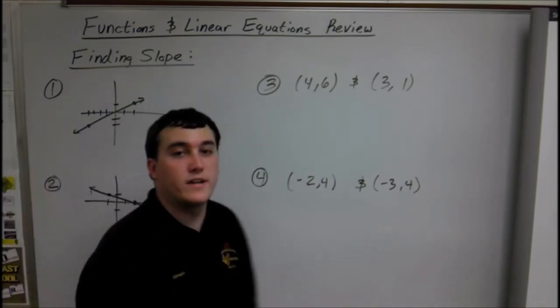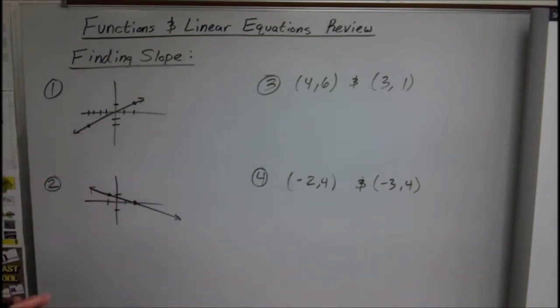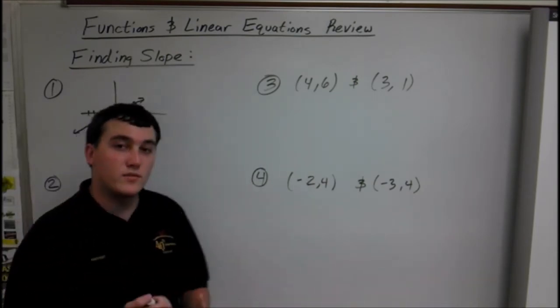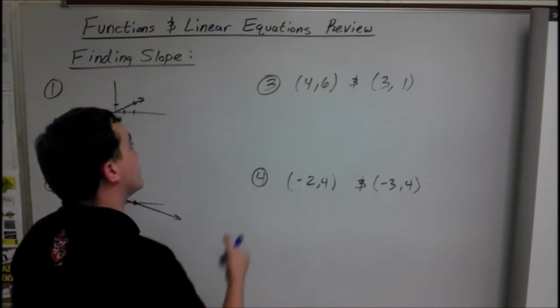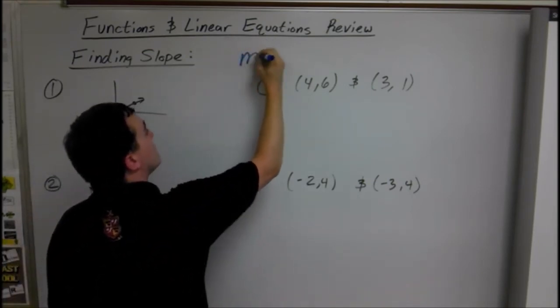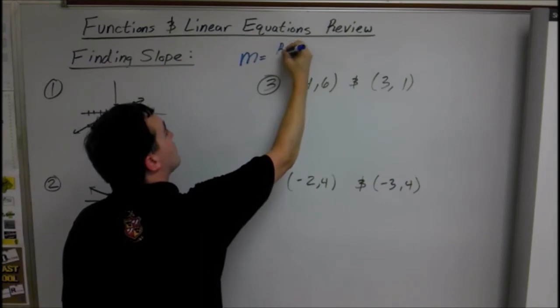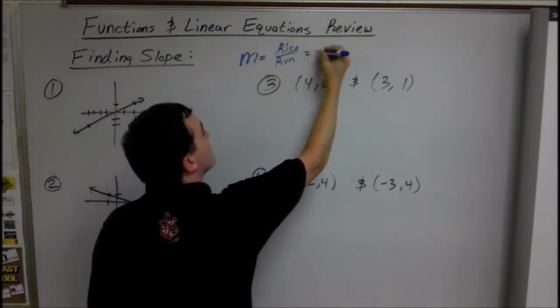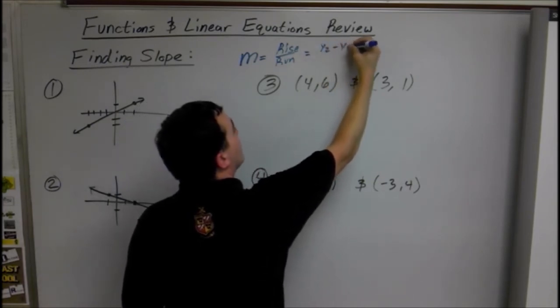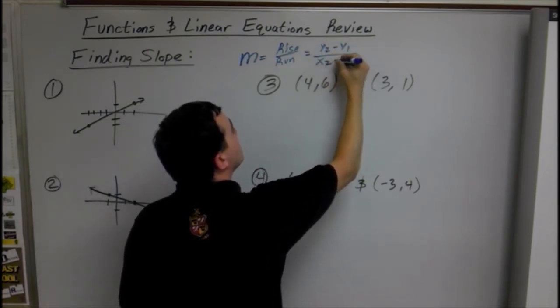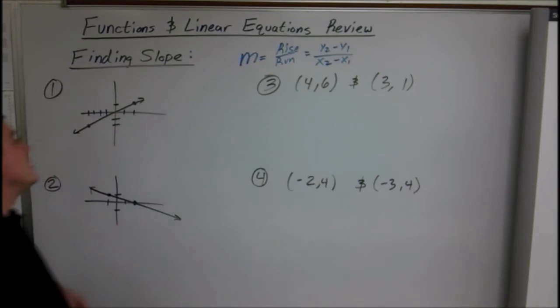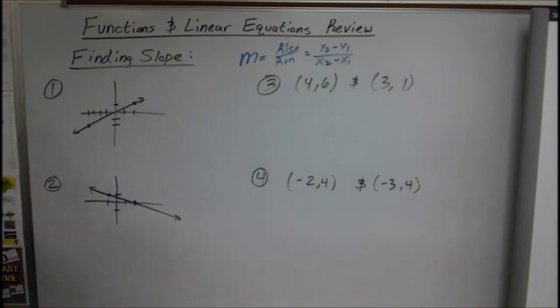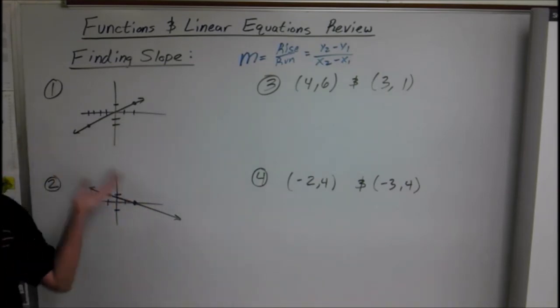Alright, next we'll be finding the slope of lines. So we know the definition of slope is just rise over run, or the change in y over change in x. We know our formula. M equals rise over run, which is y2 minus y1 over x2 minus x1. Okay, so when they give you a graph, you don't really have to use the formula. You can just count.